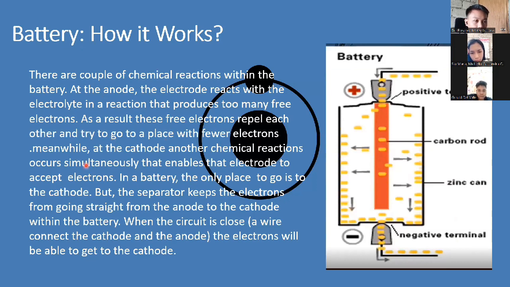Meanwhile, at the cathode, another chemical reaction occurs simultaneously that enables that electrode to accept electrons. In a battery, the only place to go is the cathode, but the separator keeps the electrons from going straight from the anode to the cathode within the battery. When the circuit is closed, a wire connects the cathode and the anode, and the electrons will be able to reach the cathode.